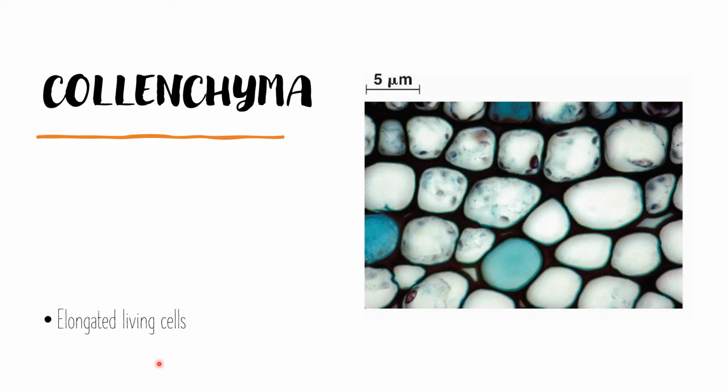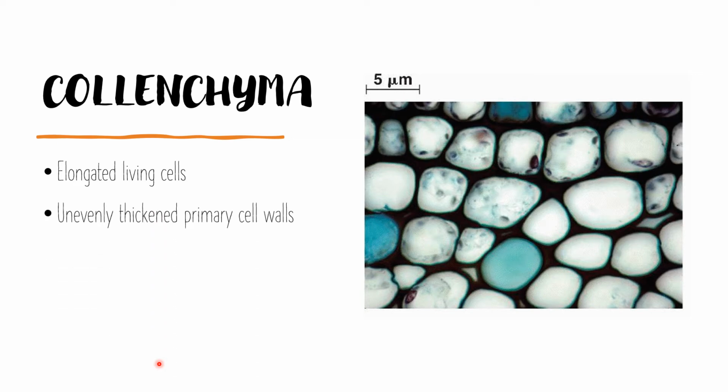Now, collenchyma cells are elongated living cells with unevenly thickened primary walls that can stretch as the cell grows. These cells provide elastic support without interfering with the growth of young stems or expanding leaves. The collections of collenchyma cells make up the tough, flexible strings in celery stalks.